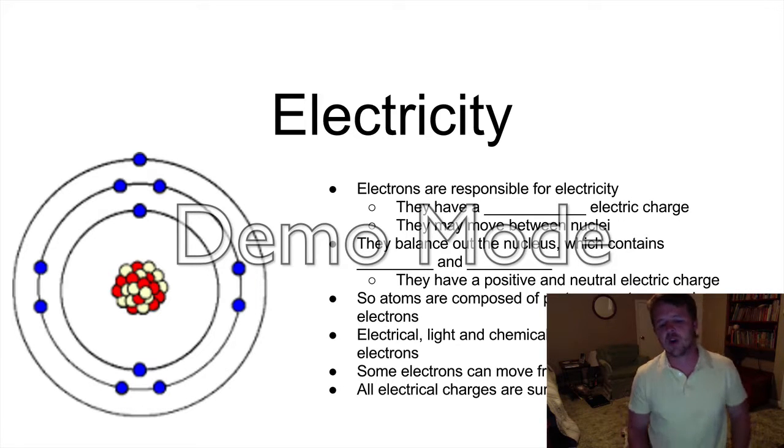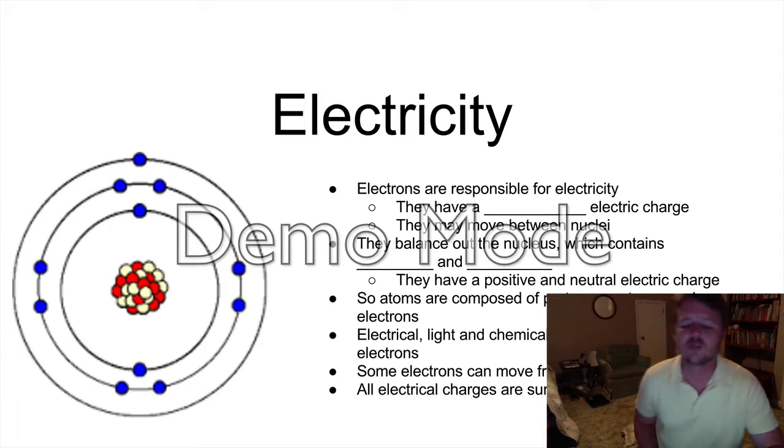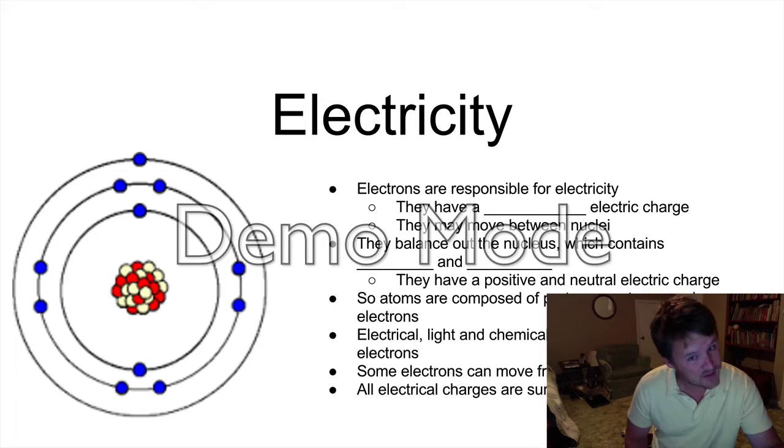And also remember that all electrical charges, this is going to be very important this lecture, all electrical charges are surrounded by an electrical field. So if something's charged, like you turn on the electricity to a cord, or to a wire, or to anything, there's going to be an electrical field around it. Might not be that strong, but there's one around it.